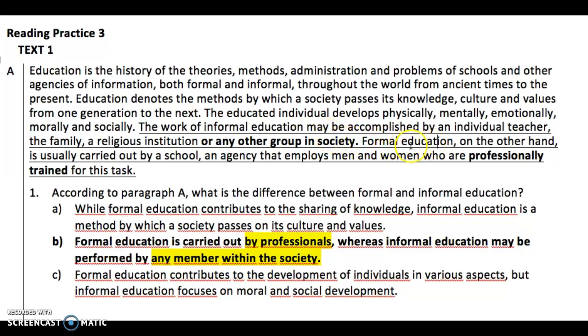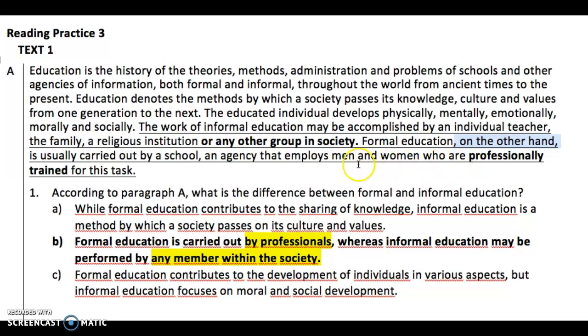The difference is given, and we understand that these sentences tell us about difference because of the phrase "on the other hand," because, as you know, "on the other hand" gives us opposite idea or contrasting idea. Therefore, it is a difference.